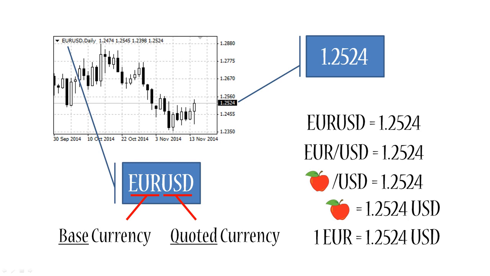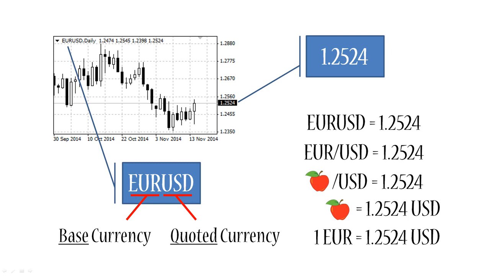The chart simply expresses the value of the base currency, which is on the left, quoted in terms of the quoted currency, which is on the right. So as more candles appear throughout the day and the price changes on your chart, you always know that this is simply the price of the base currency changing in terms of the quoted currency.